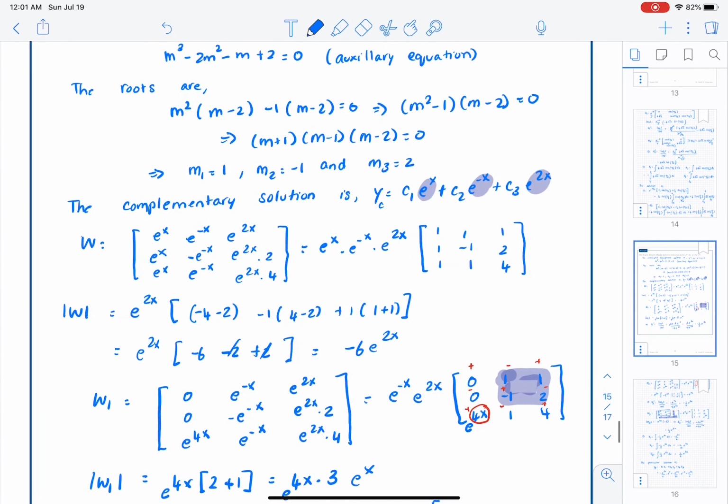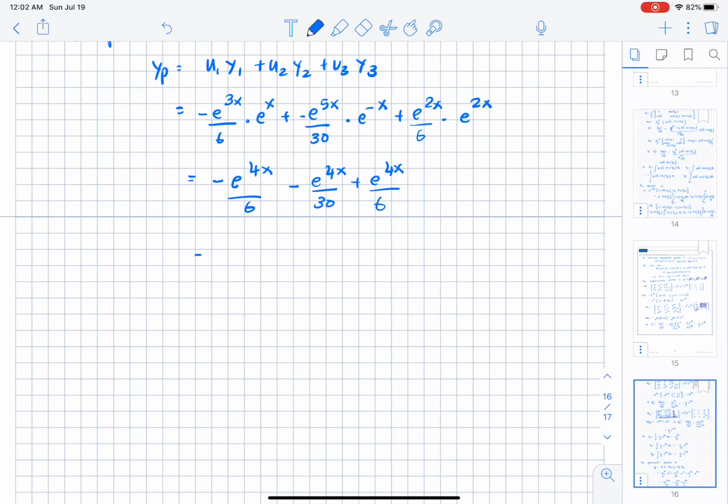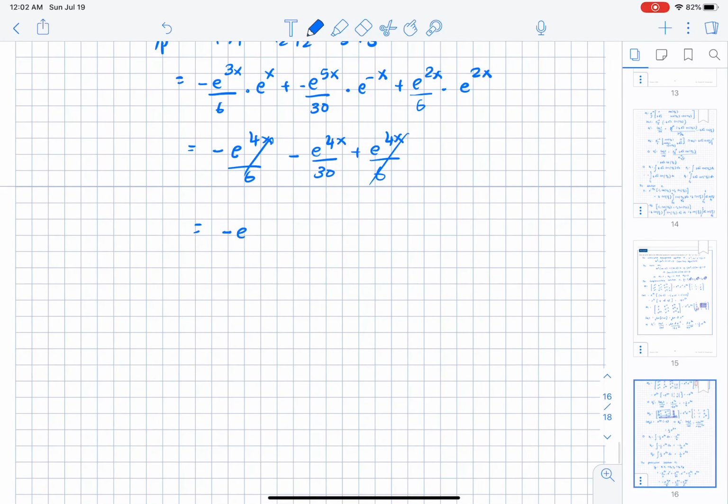I believe it's e raised 2x. So we end up having negative e raised 4x over 6, negative e raised 4x over 30, plus e raised 4x over 6. Combine the terms together, those two would go away, and we'd simply have negative e raised 4x over 30 as the particular solution.